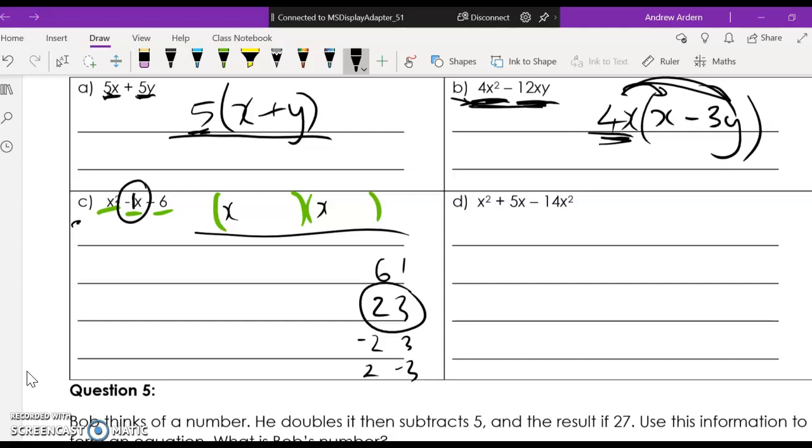But when I add these two numbers together, I should end up with negative 1, given that there's a negative 1 in front of the x. And so therefore, it's this one here, plus 2 minus 3. Equally true is if I wrote it this way round, that is equally true.